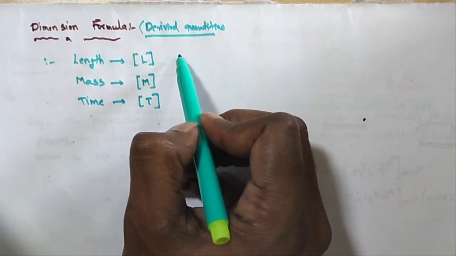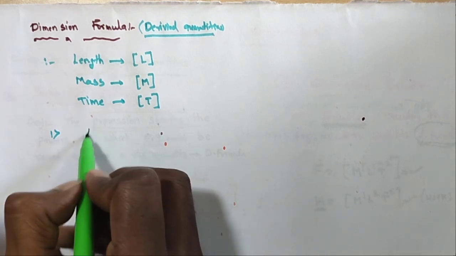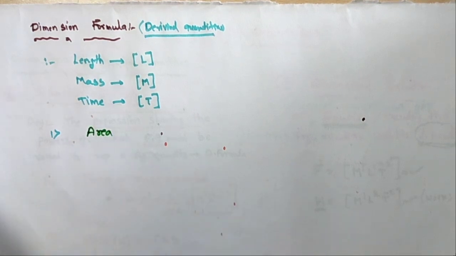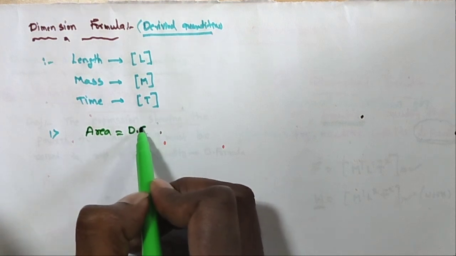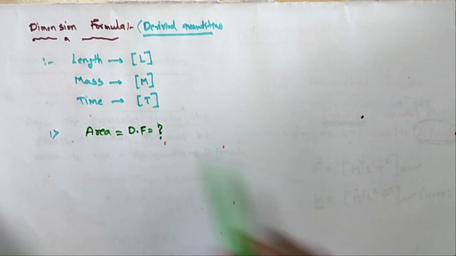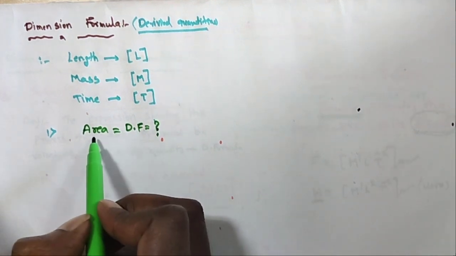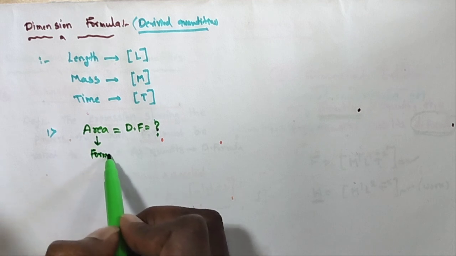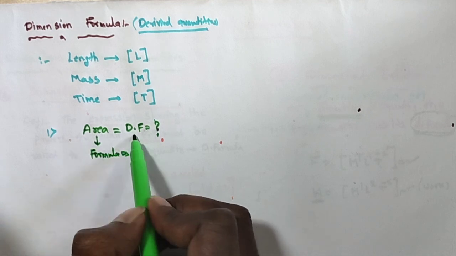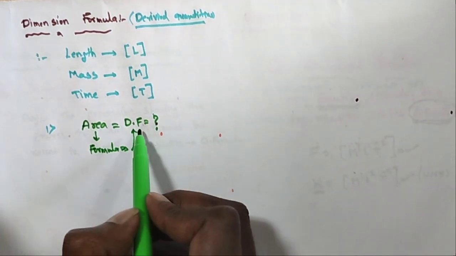Suppose I am taking first one, area. What is the dimensional formula of the area? You know the general formula, and you can write the dimensional formula very easily. You calculate their units also.